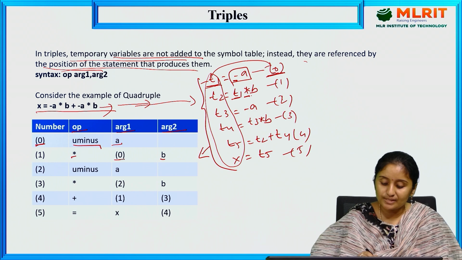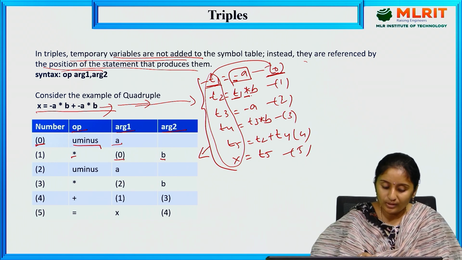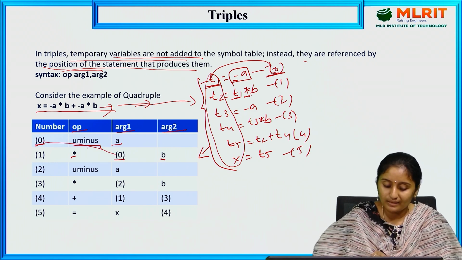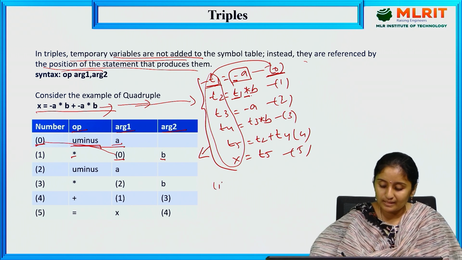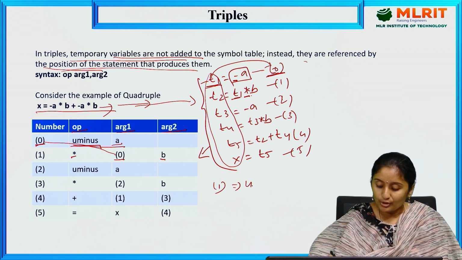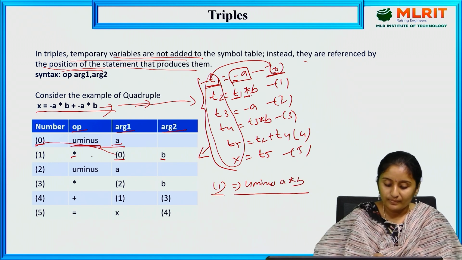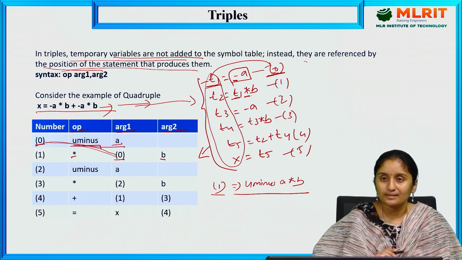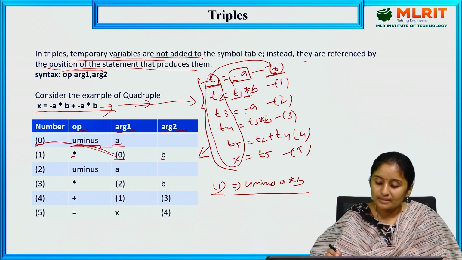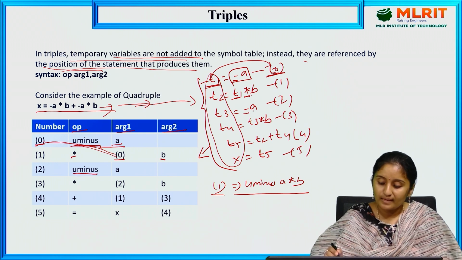So it is 0 into B, where 0 is nothing but unary minus A. So the first position is unary minus A into B. This is pointing to the first index; 0 takes the position. So at index 0, we have unary minus A.